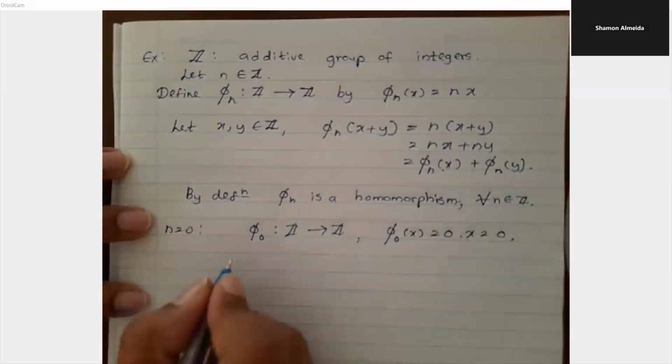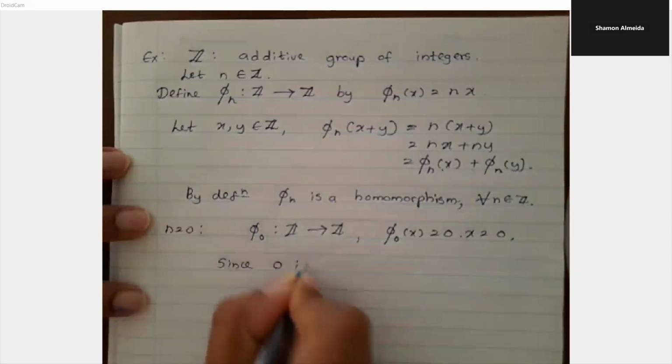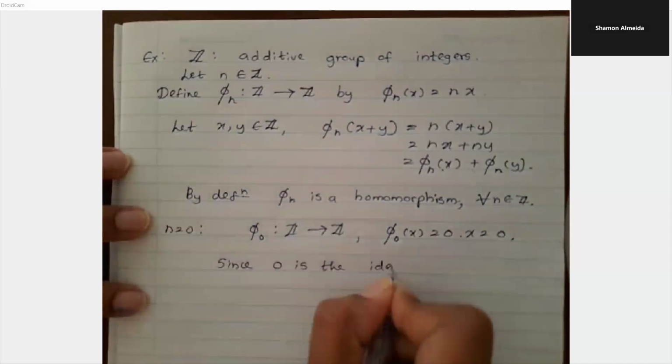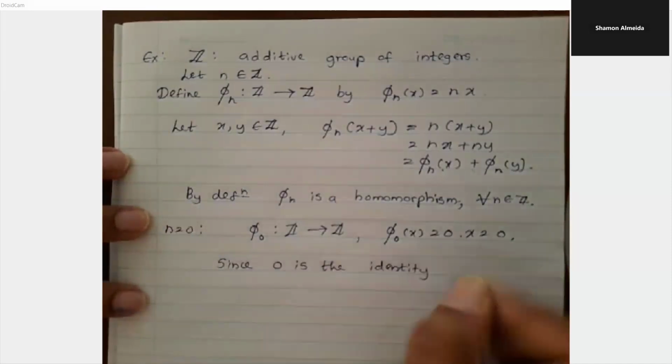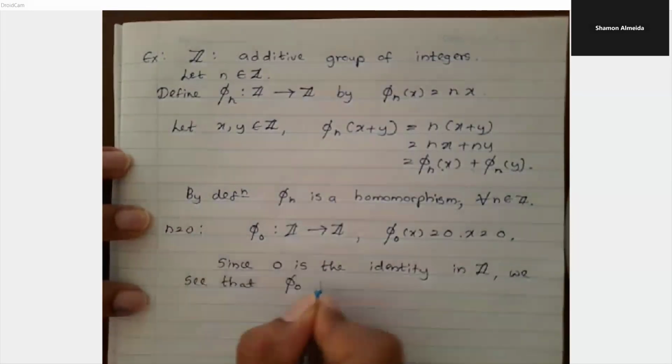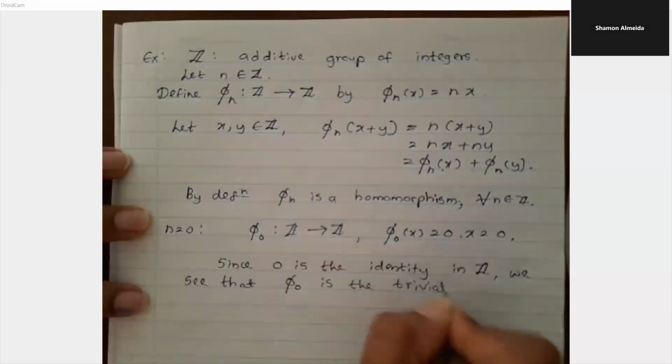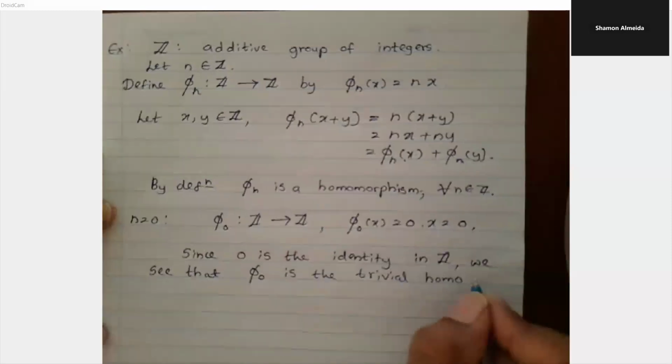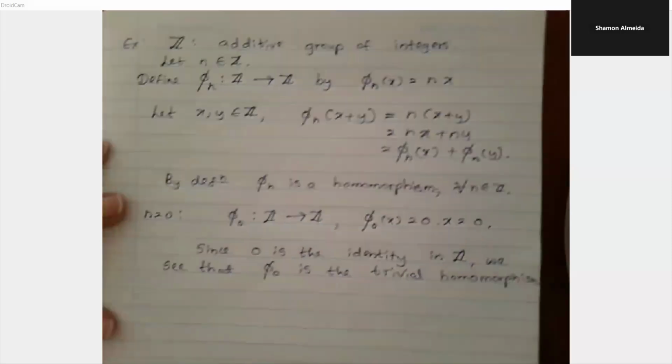So since 0 is the identity, we see that it is the trivial homomorphism.